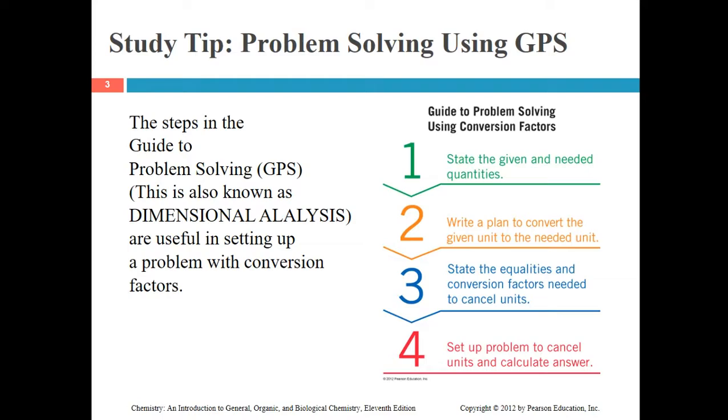Number 2, we write a plan to see where we're going to get, starting at step A to get to step Z. 3, we need to figure out the equalities, look on the conversion table, and figure out which way we need to set them up so that we cancel the units, and then we calculate our answers. So here we go. You don't need to memorize those steps. You just need to know how to do those steps. It's just a little bit of practice. It starts to make sense, but you've got to get to that point first.